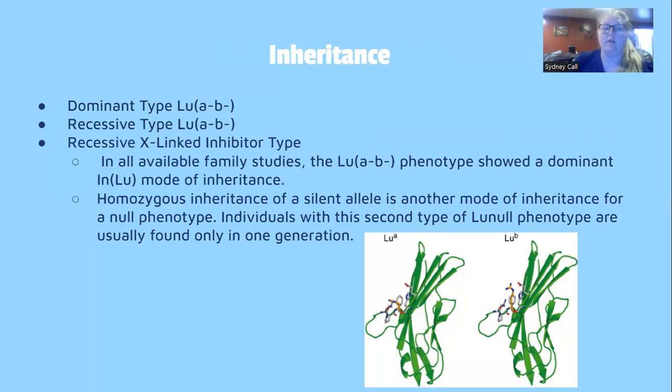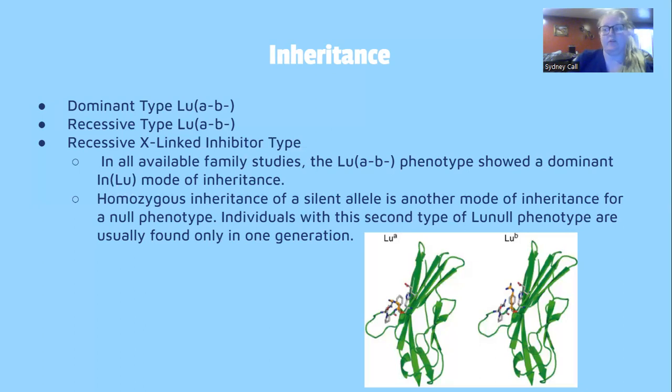In all available family studies that we found, the LUA A negative, B negative phenotype showed a dominant mode of inheritance in the LU system. Homozygous inheritance of a silent allele is another mode of inheritance for a null phenotype. Individuals with this second type of LU null phenotype are usually found in one generation.